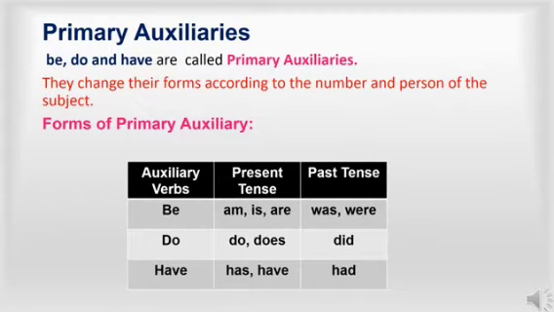Now, the forms of primary auxiliary. They change their forms according to the number and person of the subject. The auxiliary verb be. In the present tense, the words used are am, is, are, and in the past tense was, were.